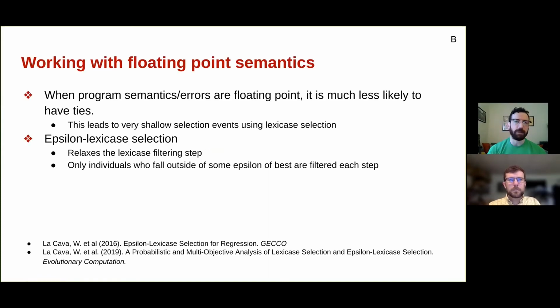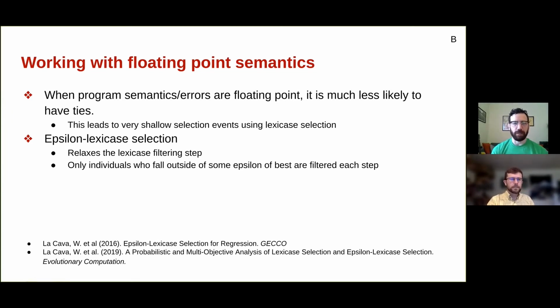When you're working with floating point semantics, it's much less likely that you're going to have ties on any particular case. If you think about it with floating point values, there's many different values a program can take for a specific output. And so this can lead to very shallow selection events when you're using Lexicase selection. To remedy this, we came up with Epsilon Lexicase selection, where the epsilon, as you might have already guessed, is a relaxation on this filtering step.